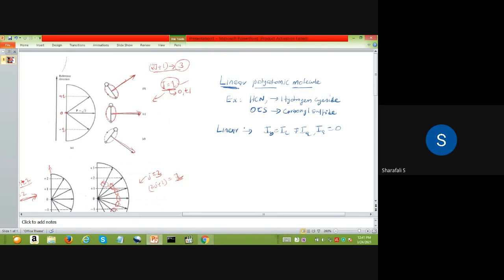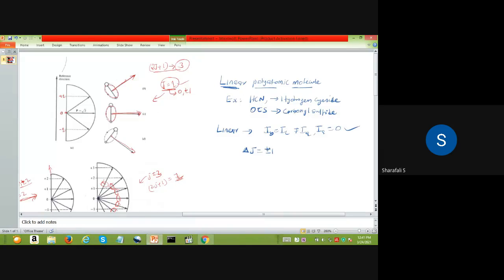So the same condition will be valid for the polyatomic molecule also, the same as that of a diatomic molecule. This condition is the same for any linear molecule. So the transition also will be delta J equal to plus or minus 1. That is the selection rule.